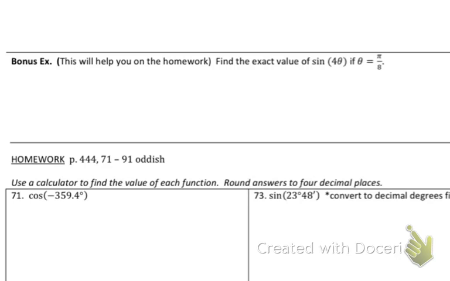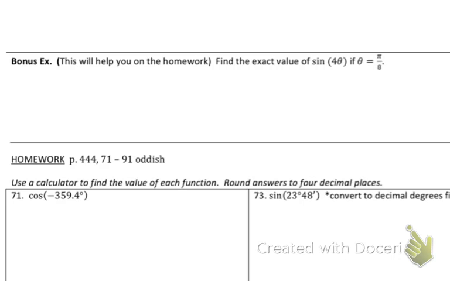I put these problems on the homework because we can't overthink sine and cosine. We can't overthink things and just let it blow our minds that they're sine and cosines and I can't do the same stuff I always did. So we have problems on the homework that's going to look like this. It's going to say the sine of 4 theta. You need to find the sine of 4 theta if theta equals pi over 8.